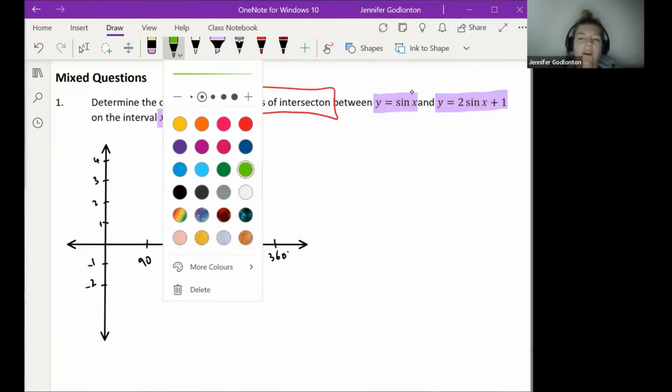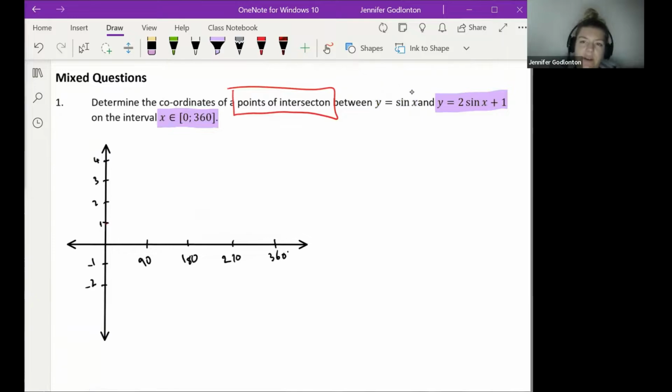I'm going to start, because this is one that we've done a lot of, I'm going to draw y is equal to sine x. So y is equal to sine x starts at 0, 0 degrees, sine of 0 is 0. Sine of 90 is 1, sine of 180 is 0, sine of 270 is -1, sine of 360 is 0. So this graph here is y is equal to sine x.